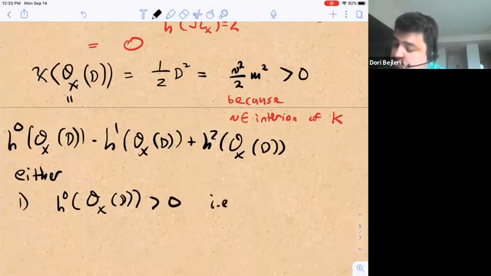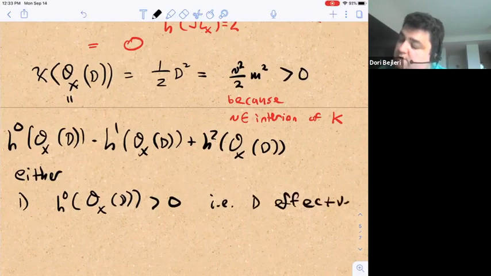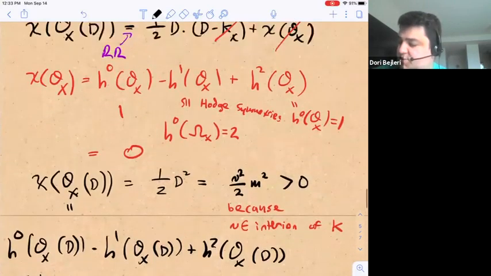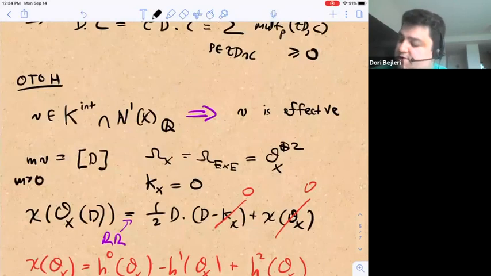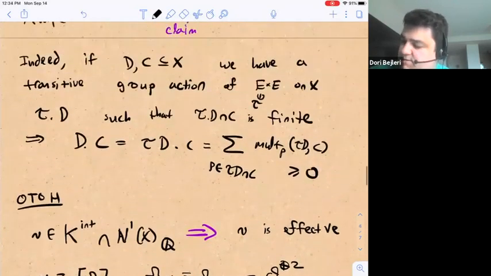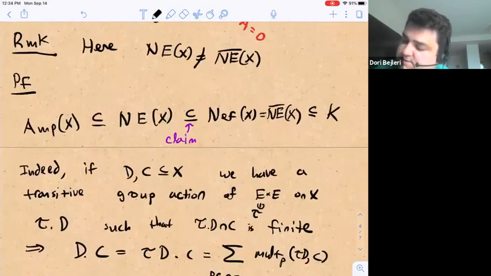So then if we're in case one, we're done, because that's what we wanted to prove. We wanted to show that this V is effective, because that would tell us the reverse inclusion that K is contained in any bar.